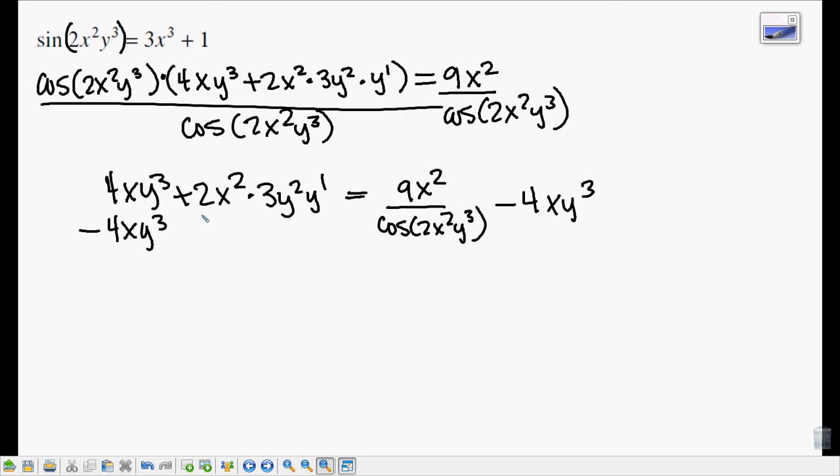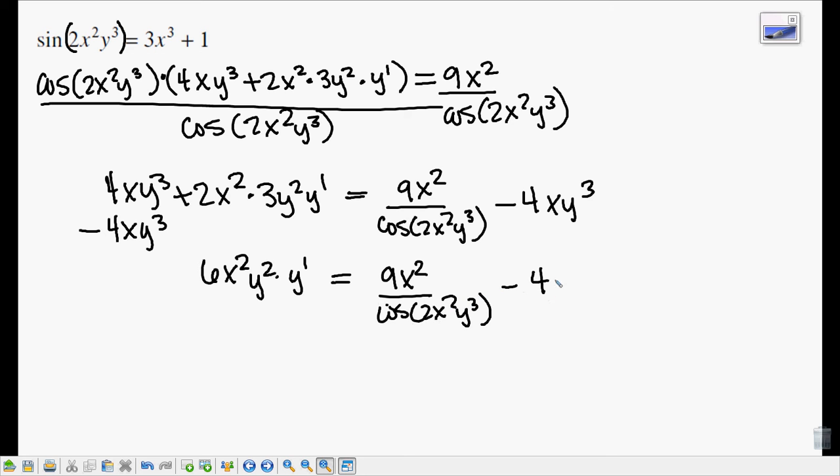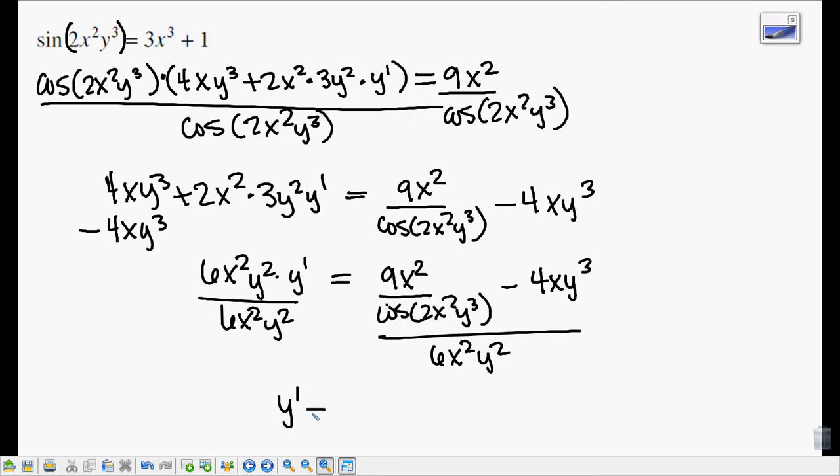So I'm going to have here 3 times 2 is 6x squared y squared times y prime is equal to 9x squared over cosine of 2x squared y cubed minus 4xy cubed. So I'm going to divide out that 6x squared y squared. So I have y prime is equal to 9x squared over cosine of 2x squared y cubed minus 4xy cubed all over 6x squared y squared.